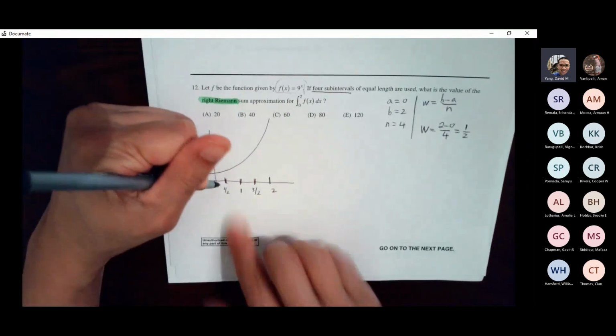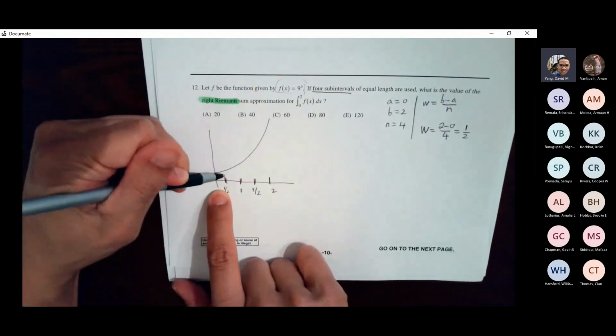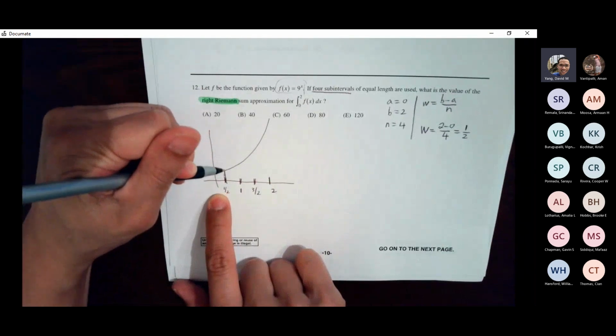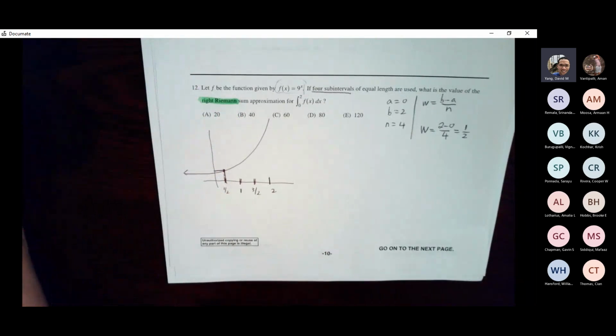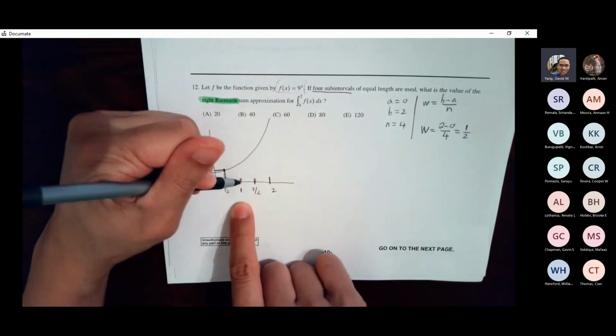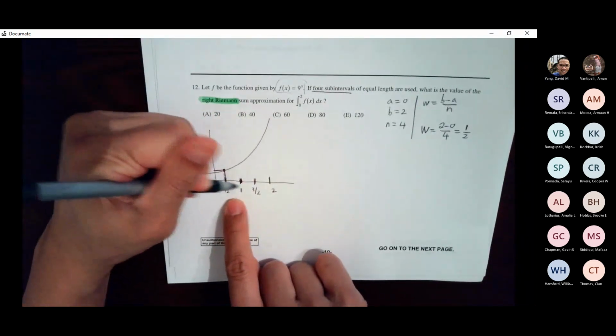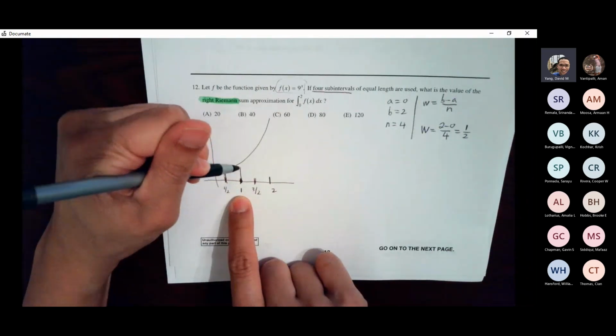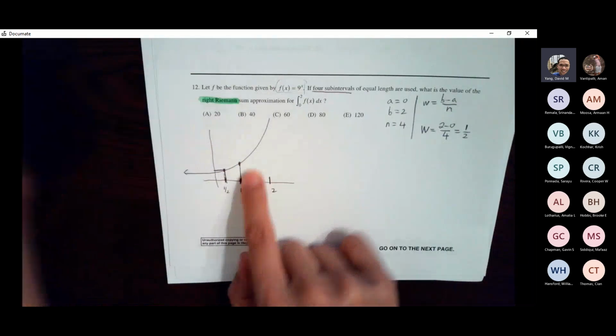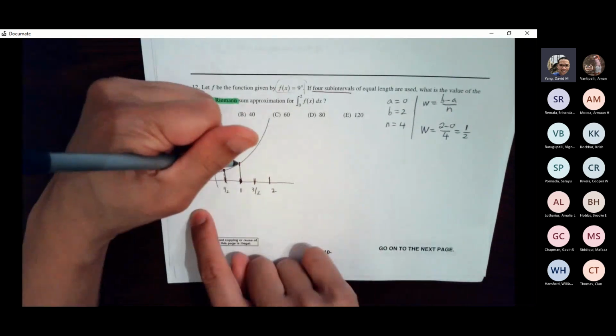So for my first subinterval, it's the 1/2 that's going to attach itself to the curve, and I let that represent the height of my rectangle. For the second interval, the right Riemann sum is going to be with this point. I'll move until I attach myself to the graph. This is going to be the height of my second rectangle.